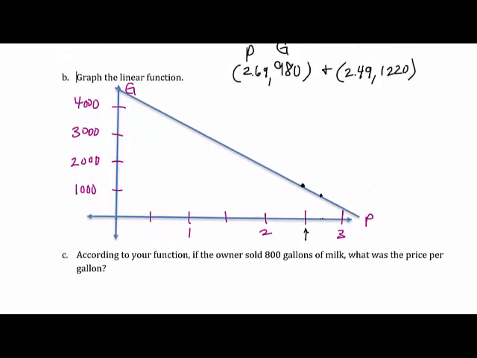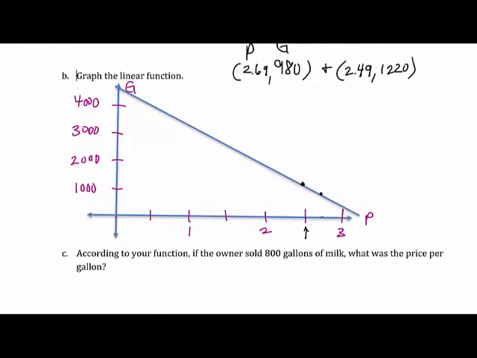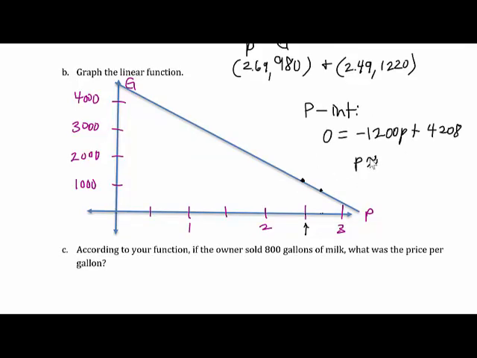Although we didn't find the p-intercept, we could pretty easily. That would be found by setting g equal to 0 and solving for p, and we get about $3.51.